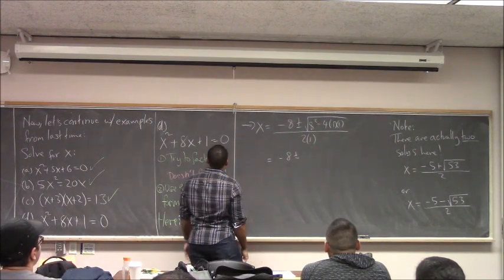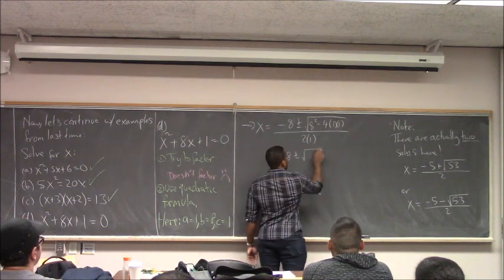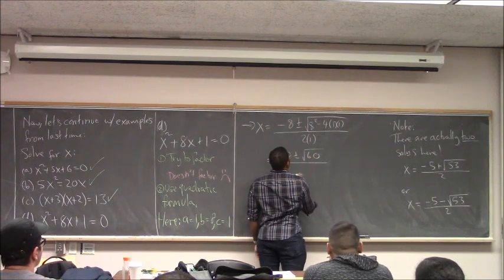What's 8 squared? 64. 64 minus 4, so that's radical 60 over 2.